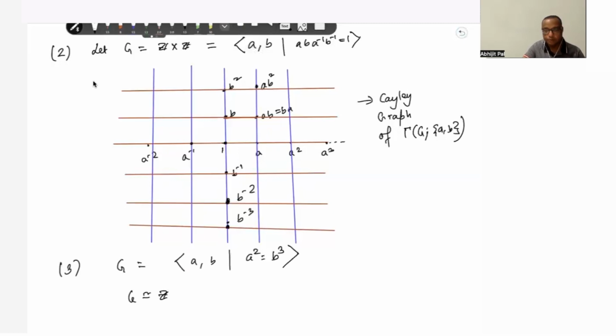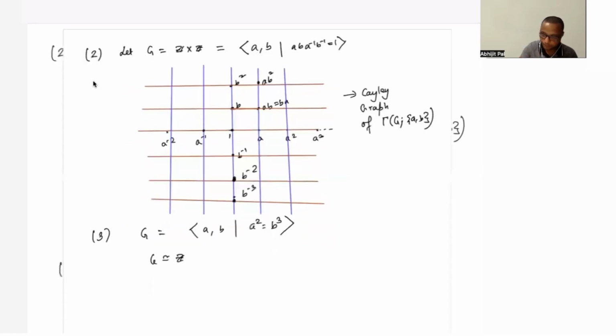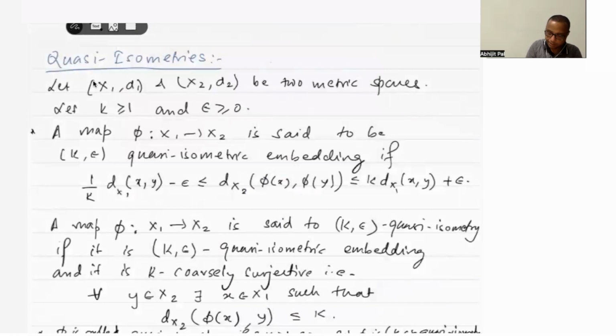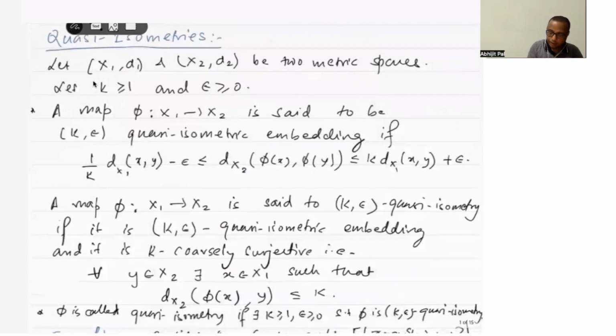Okay. So now we are in a position to define quasi-isometry. So let us do that. Start with two metric spaces X1 and X2 with metrics d1 and d2 respectively. And let us take two numbers, k greater than or equal to 1 and epsilon greater than or equal to 0.